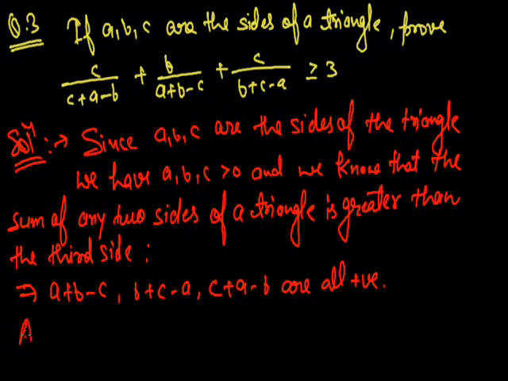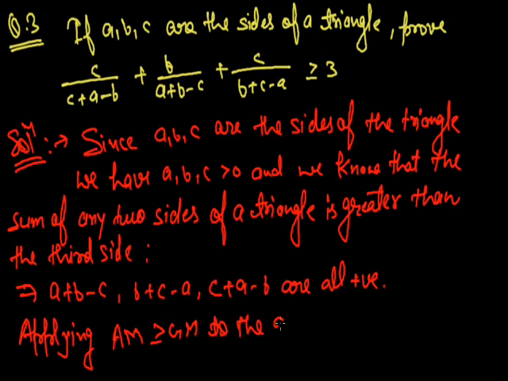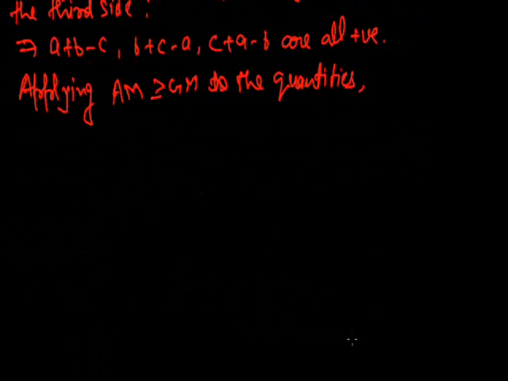Now applying AM greater than or equal to GM to the quantities A upon C plus A minus B, B upon A plus B minus C and C upon B plus C minus A.